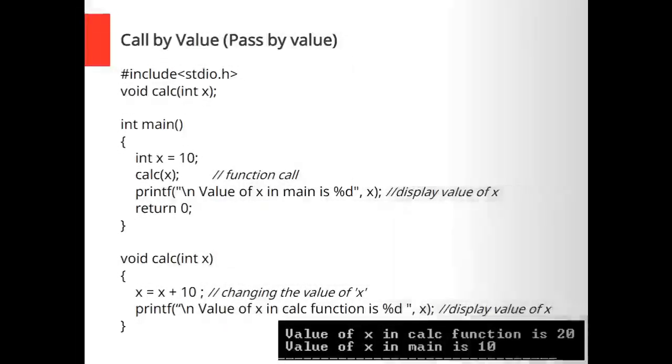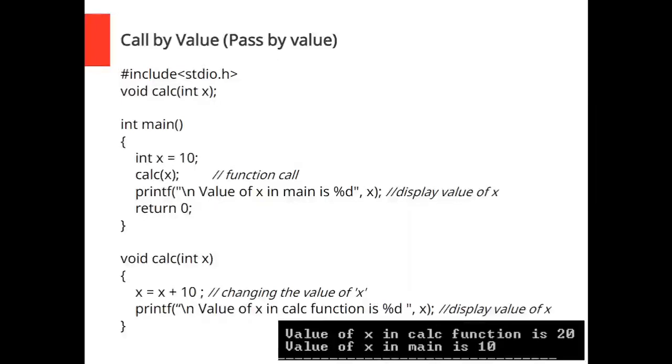Now we will see an example for the call by value method. So in this example, the function name is calc, which has one parameter x of data type int, and calc is not returning any data, hence the return data type is void.